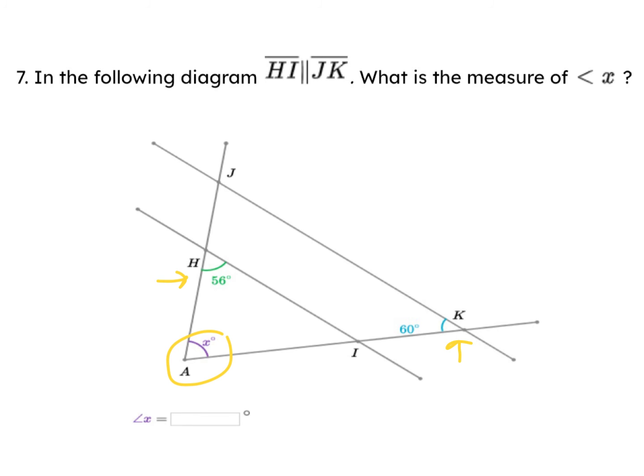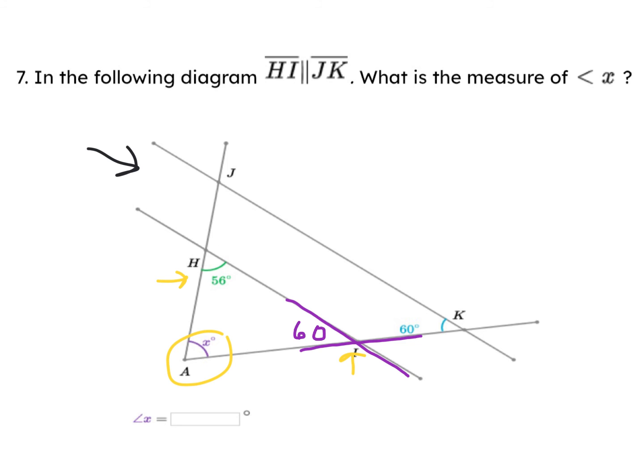I also see right here is a set of parallel lines, and I'm noticing that this angle 60, if I had tracing paper, looks congruent to measure I. So let me trace that and translate it, and yep, they're the same. So if angle K is 60, then angle I right in here is also 60 degrees.